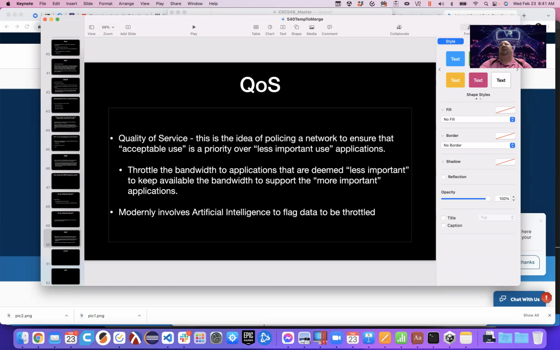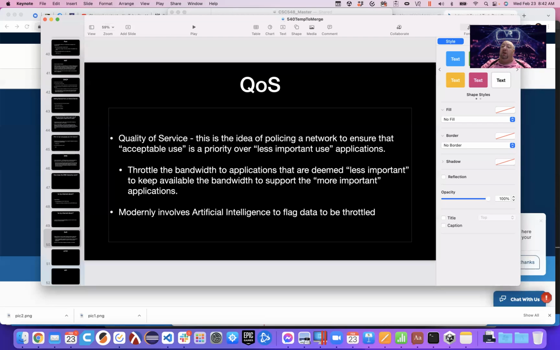So part of this is kind of this cat and mouse game. Let's take something like BitTorrent. Initially, in the early days of BitTorrent, it was very, very obvious when network bandwidth was being used by the BitTorrent application.